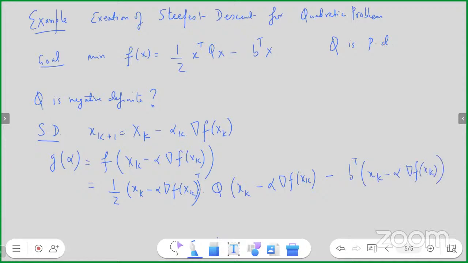Okay, so what kind of function is this? Now I need to minimize this with respect to alpha. We can take the derivative with respect to alpha.